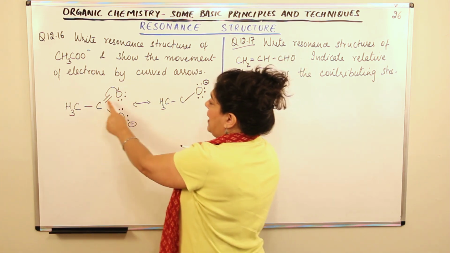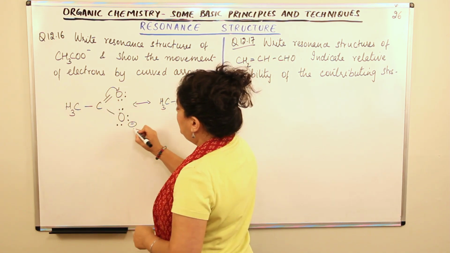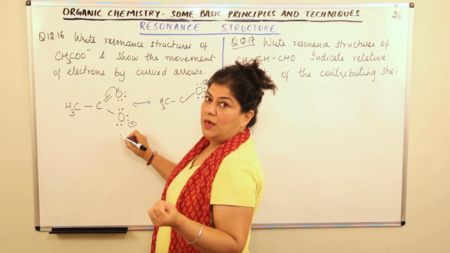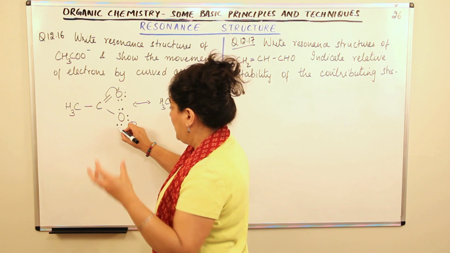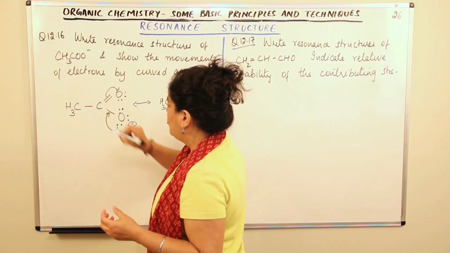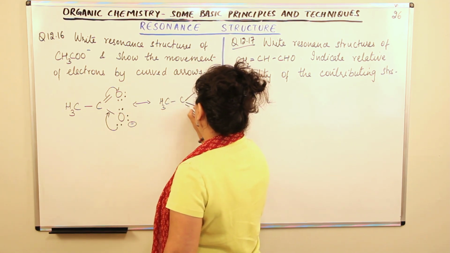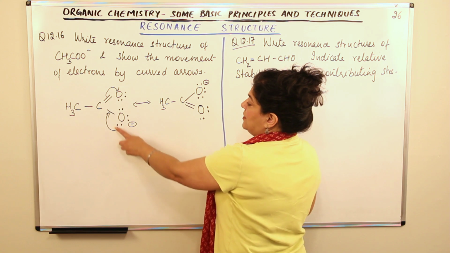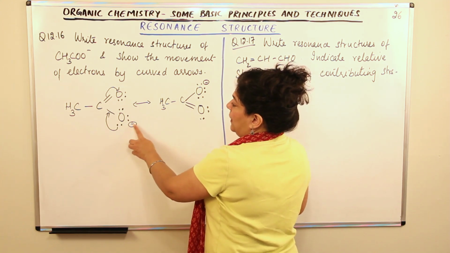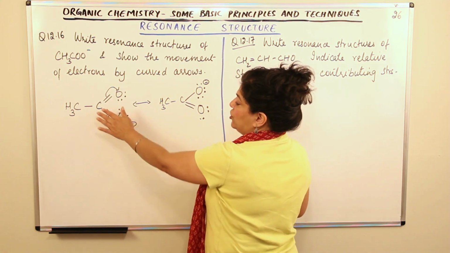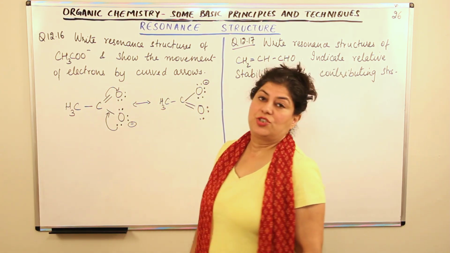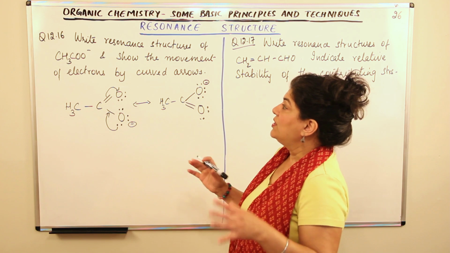At the same time, as 1 electron goes from here, this negative charge tries to help out. So this pair of electrons comes here and results in the formation of a double bond, resulting in 4 electrons here because 2 of the electrons have gone, and at the same time, since these 2 electrons went down here back to carbon, the negative charge was lost by this oxygen. So these will be the 2 structures that you will get when you try to make the resonance structures.